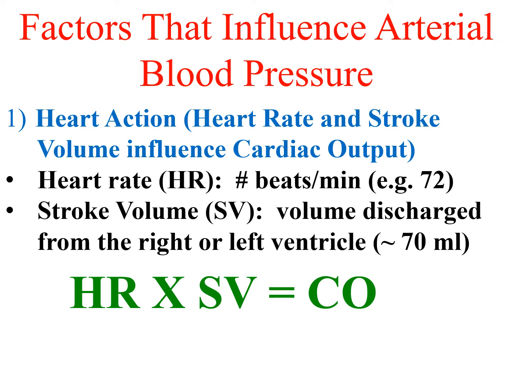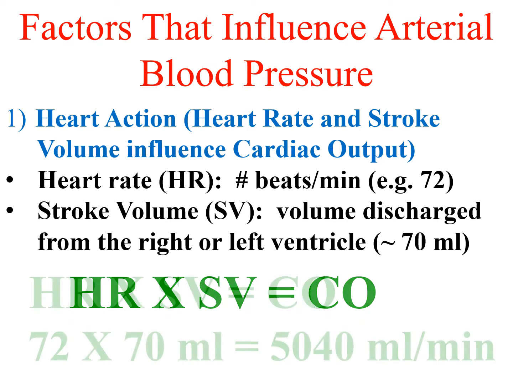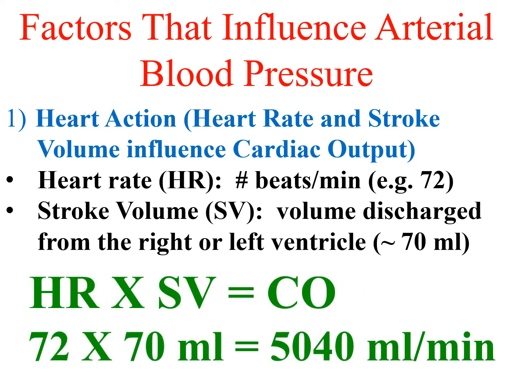And if we use those two values, 72 beats a minute and approximately 70 mils of blood ejected out of the left ventricle and right with each heartbeat, we get approximately 5 liters of blood per minute being ejected from the heart, either right or left ventricle.